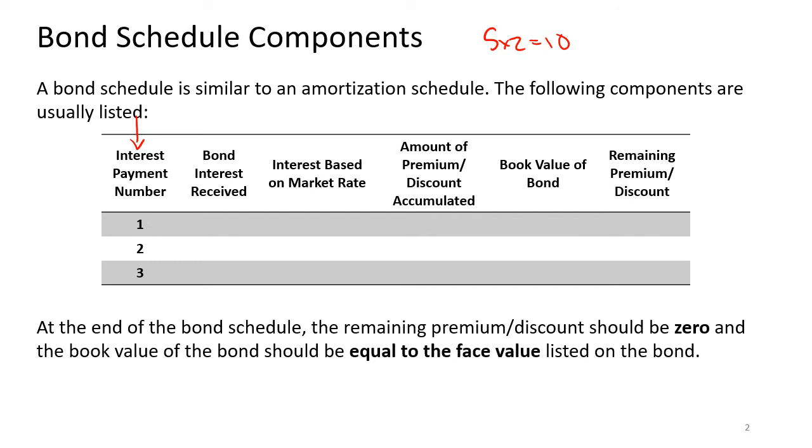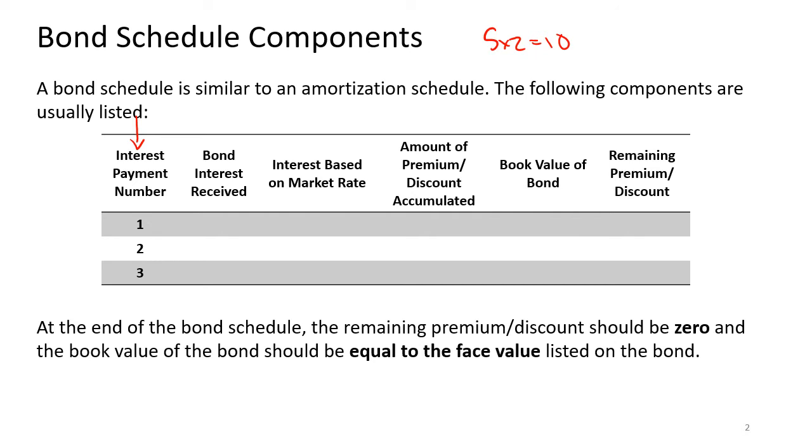So that will be consistent all the way through, just like when we did amortization and we calculated the payment. It was the exact same every single time. The interest is done a little bit differently. That is based on the book value of your bond.